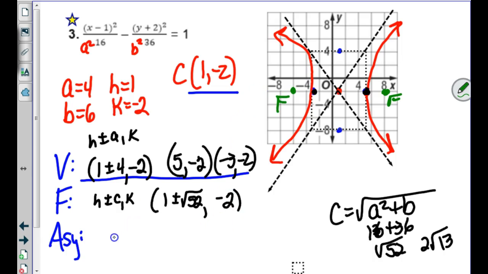Asymptotes, almost done. It goes y minus, yeah, y minus negative 2 or plus 2. Now, is it going to be b over a? Look up here. Don't look at your sheet for me for a second. Okay. Which one's underneath the y? Yes. So it's 6 over 4 or 3/2.